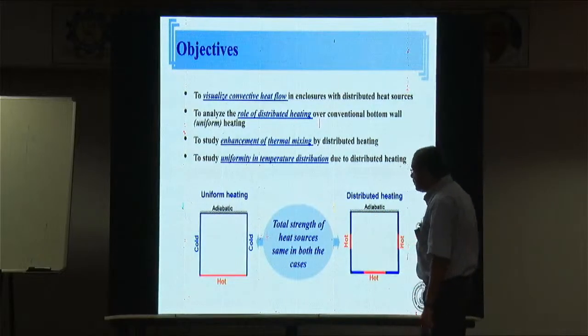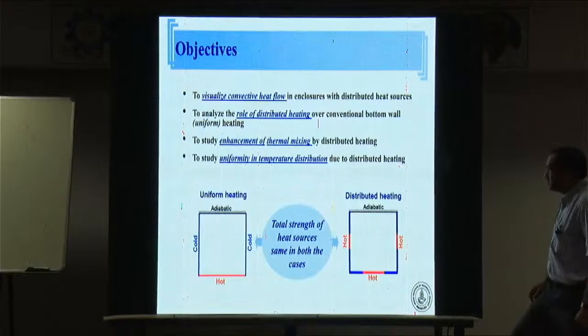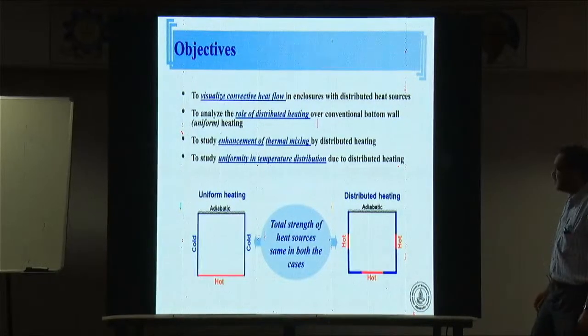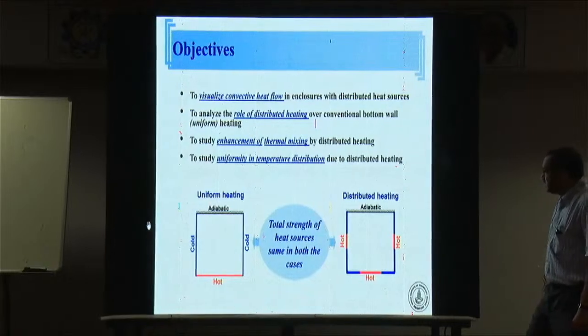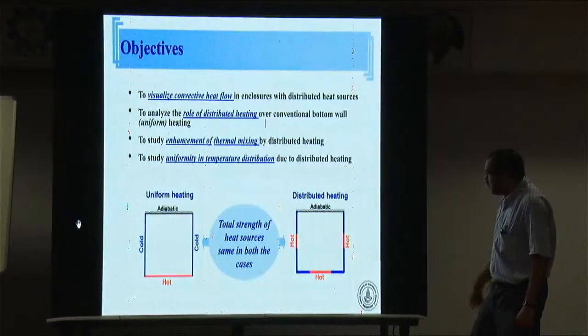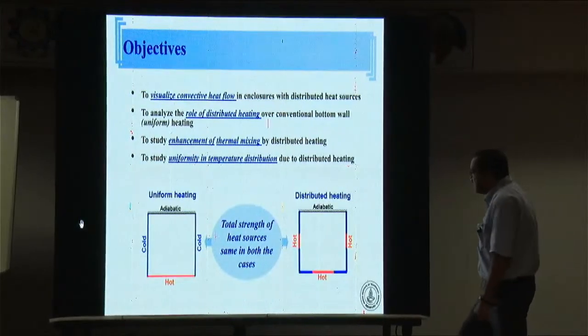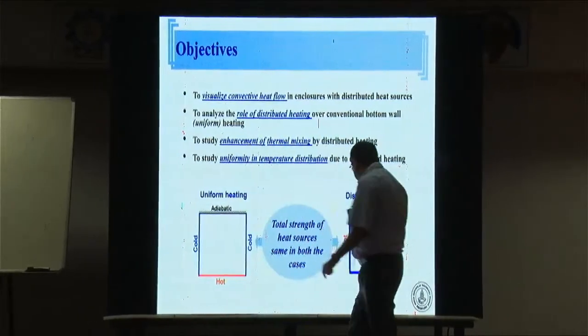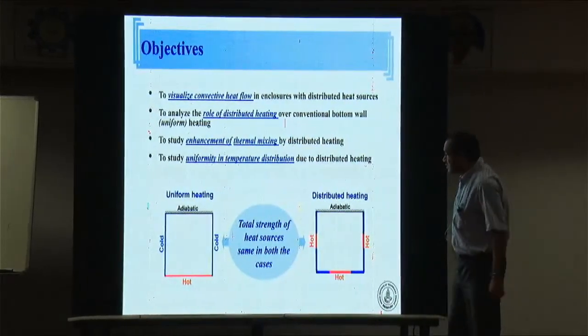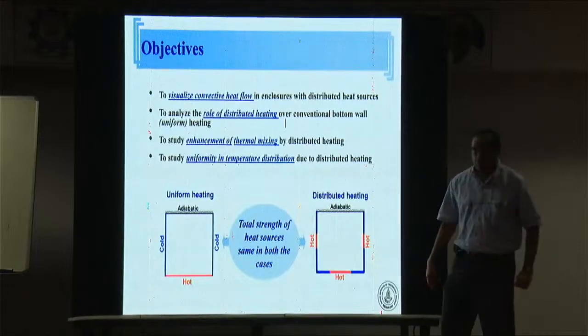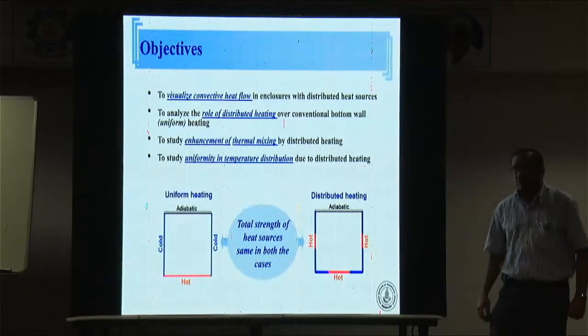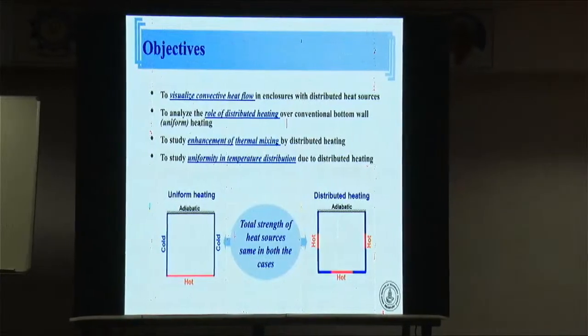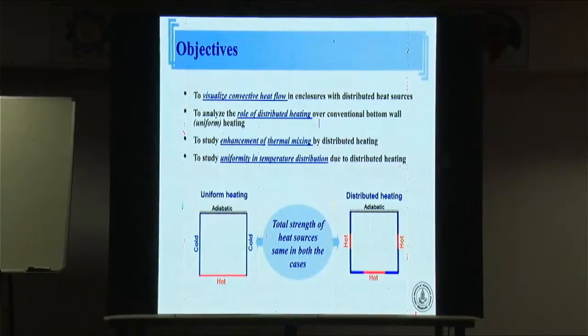I started with uniform heating: the bottom wall is hot, two side walls are cold, and the top wall is adiabatic, and of course there are cold pockets. In distributed heating, we have the two side walls hot and some portion of the bottom hot, with an identical heat source. That means if that is my unit length and you put 0.5, 0.25, 0.25, we will have much better heating quality. That says that yes, a distributed heater is needed, and we want to analyze more, which we will see in the rest of my talk. Next slide please.